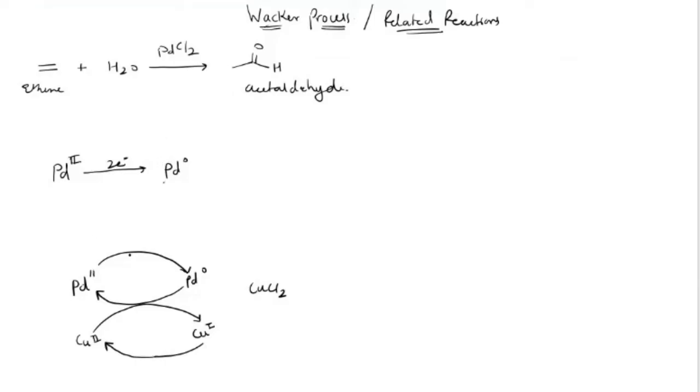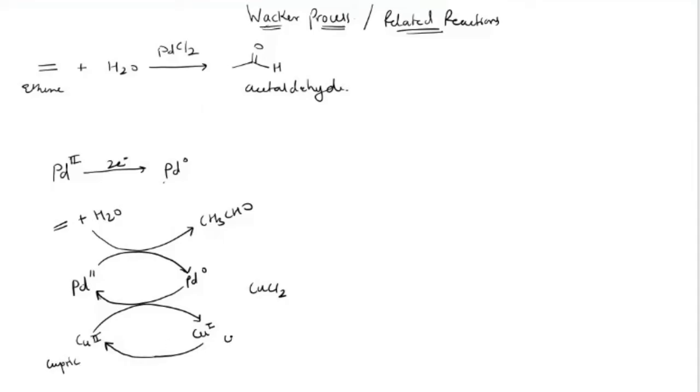Now how does it work? As I already told you, this is your ethene plus water, and you will get your acetaldehyde. In this conversion the palladium 2 will convert to palladium 0. Now this palladium 0 is again oxidized by copper 2, and that copper 2 in turn will become copper 1, that is cuprous.